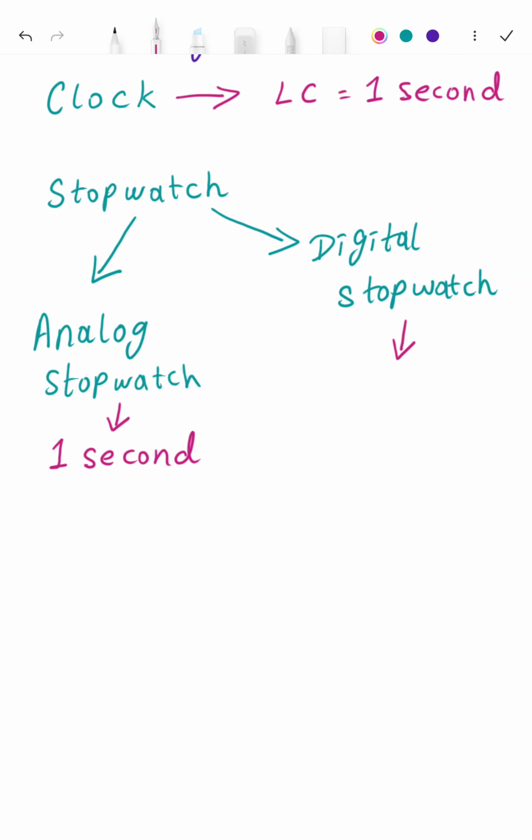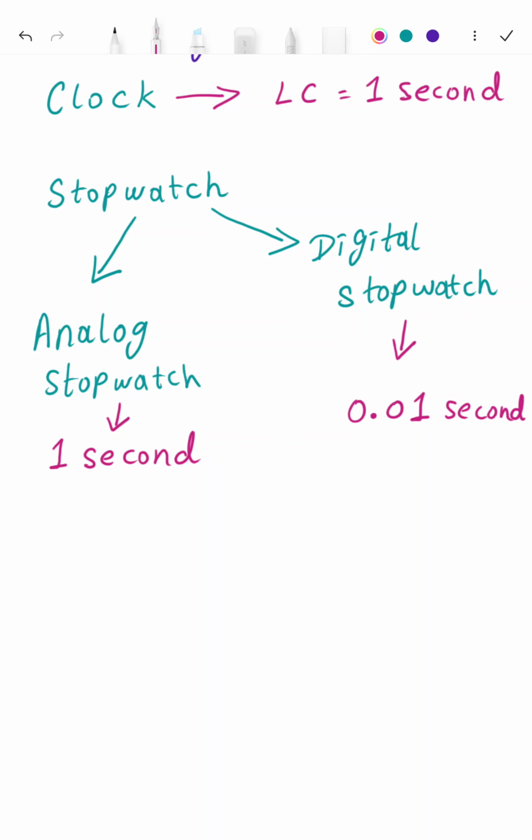But the digital stopwatch has much more accuracy and precision compared to the analog stopwatch, and it can measure the time accurately to 0.01 second, which makes the digital stopwatch much more accurate than an analog stopwatch or a clock.